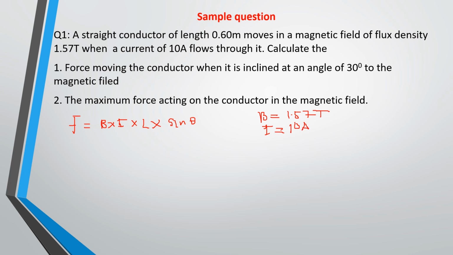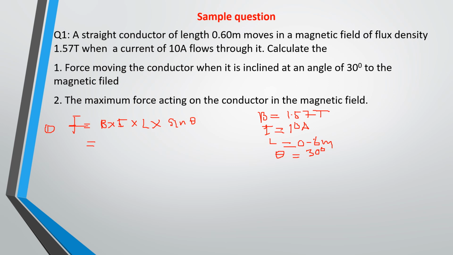We are given the length of the conductor to be 0.6 meters, and the angle to be 30 degrees. Having done this, we can now say that for the first one, F is equal to this.